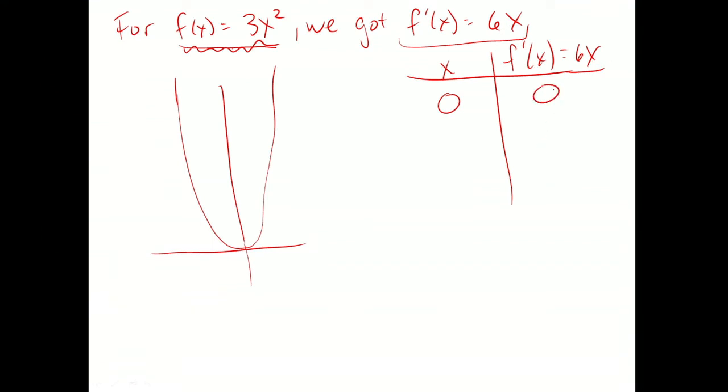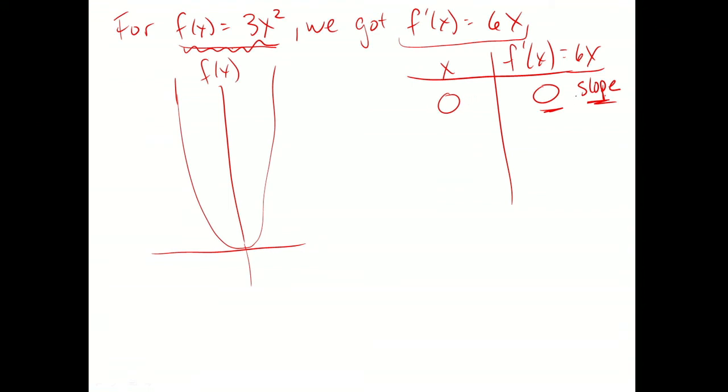That means that the graph of f of x should have a slope of 0. Remember, the connection between f and the derivative of f is that the values of the derivative are the slopes of f of x. This is a graph of f of x, that's 3x squared.